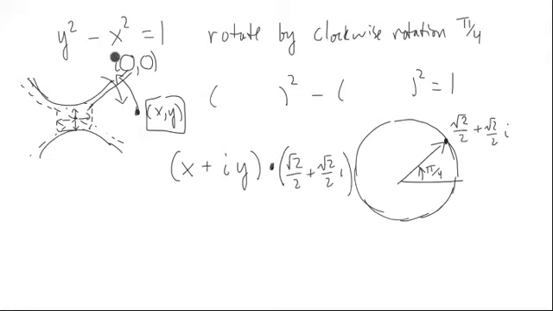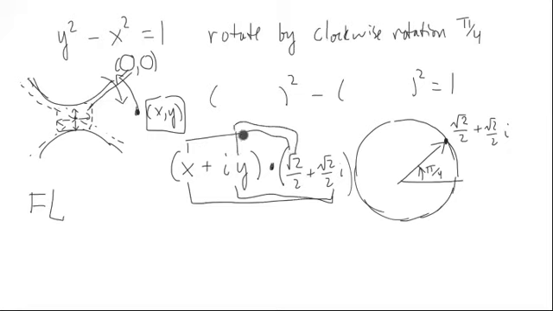So doing that will give us this point up here, which we're going to plug into the equation, and we'll get the rotated version. So let's do that. If we multiply this out, thinking of FOIL, first and last gives us real, and then outside and inside, the i part, gives us imaginary.